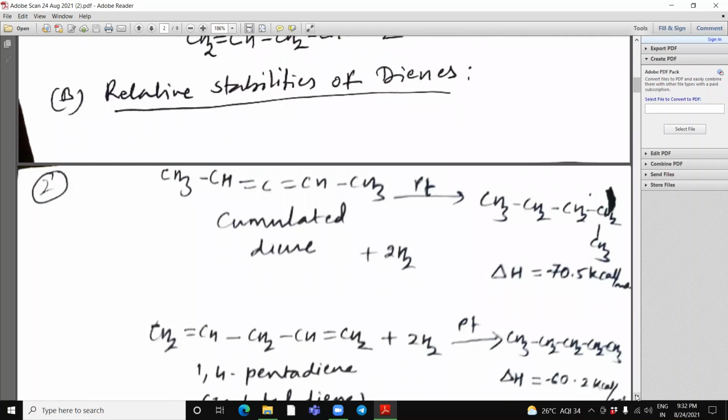Cumulated diene, if it is treated with 2 moles of hydrogen, it will liberate 70.5 kilocalorie per mole.